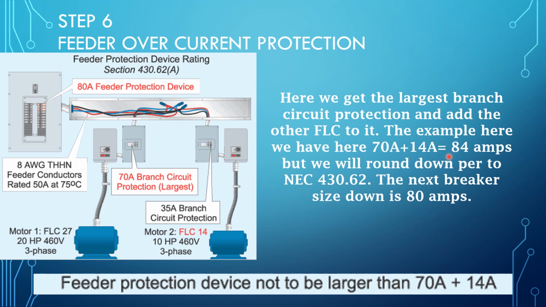So we're assuming we're not starting every motor at the same time, and those inrush currents are going to be staggered, so we should be able to round down here to the next size breaker, once again using 240.7, which gives us the next breaker size down from 84 amps, an 80 amp.